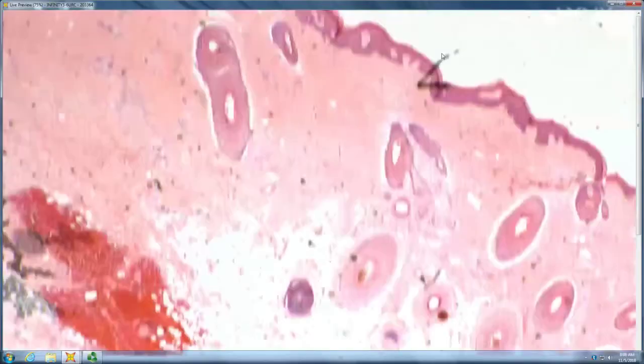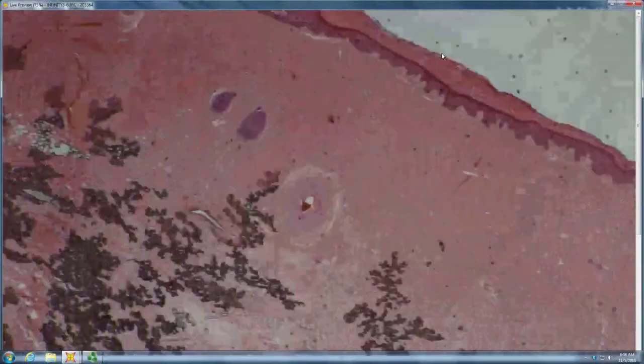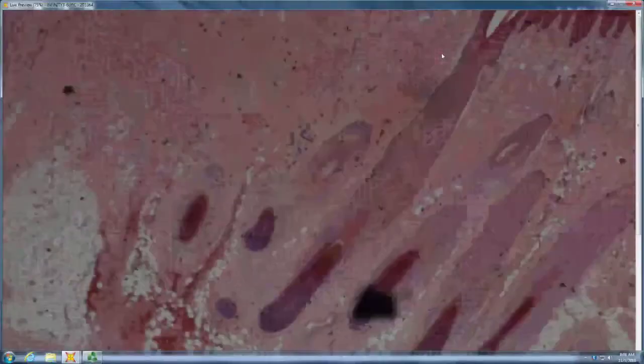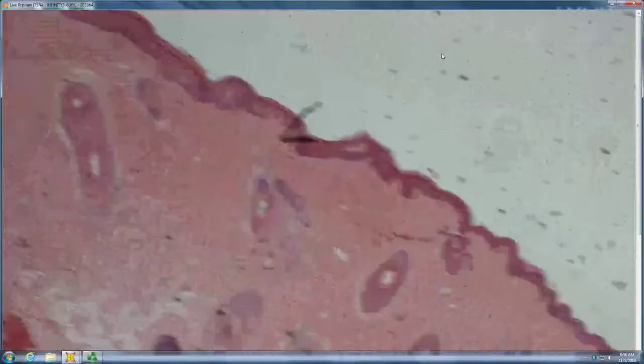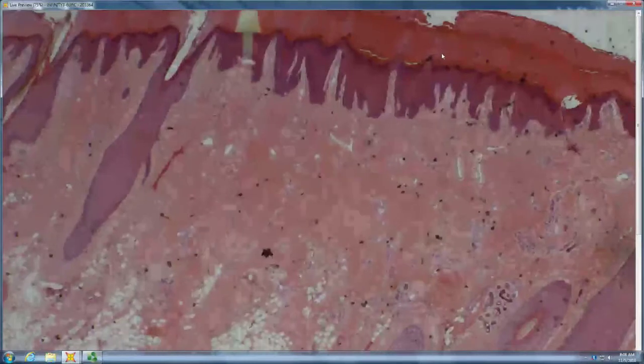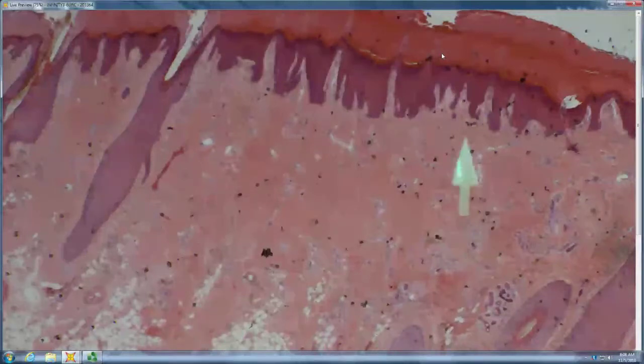Okay, and we'll end on this one. So that's normal scalp, right? And then this over here, you have complete loss of hair follicles, you've got hyperkeratosis, acanthosis, hypergranulosis, a big scarred area.